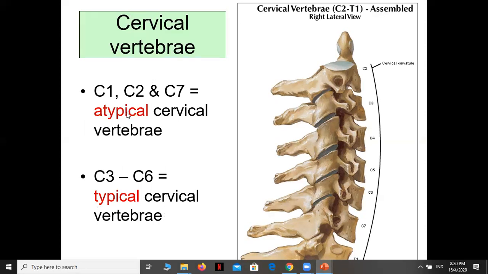For the atypical cervical vertebrae, C1, C2, and C7 belong to the atypical type. C3 to C6, if you see from this picture, this is C3, C4, C5, and C6. These cervical vertebrae belong to the typical type.